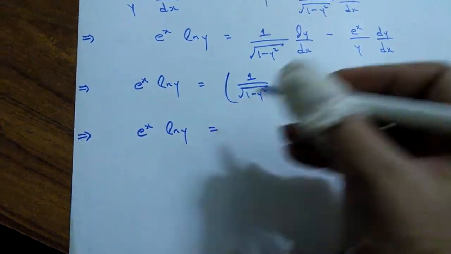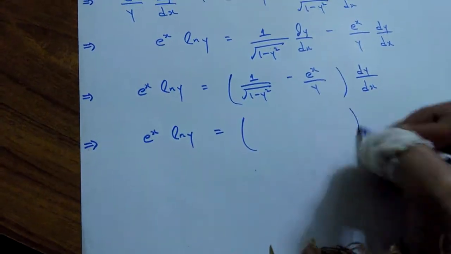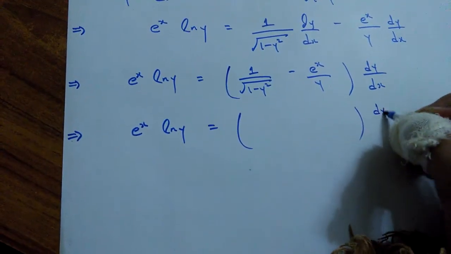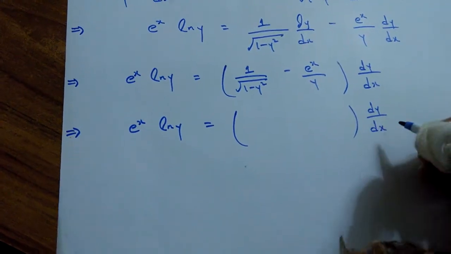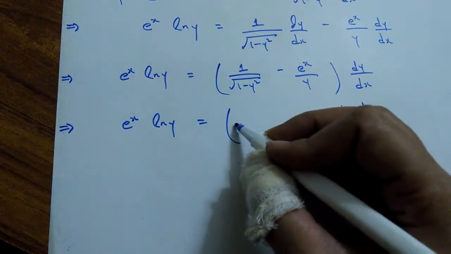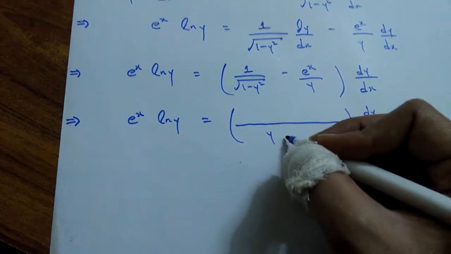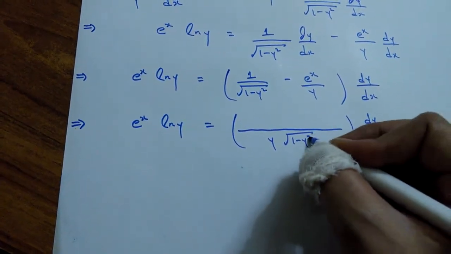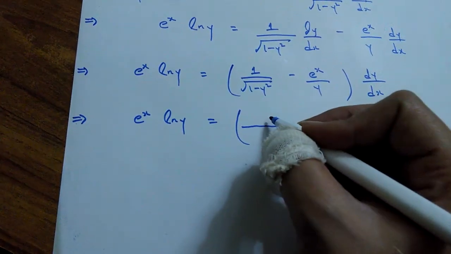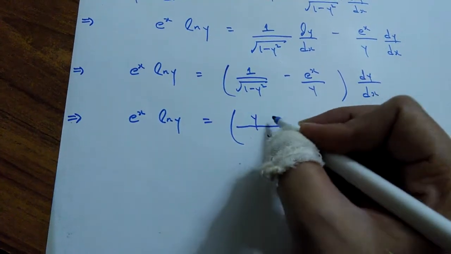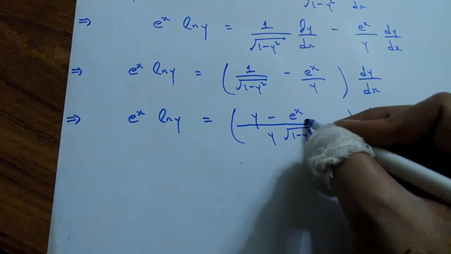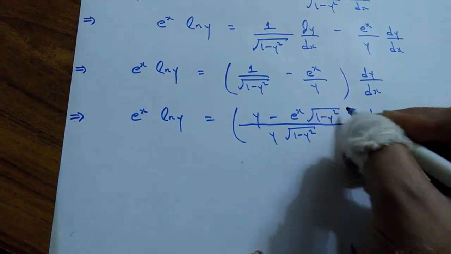Let me take out the LCM now here. I hope learners are very much acquainted with the preliminaries, so no need to repeat this, and I'm directly using the LCM. The LCM is going to be y minus this. Okay, this is my LCM.